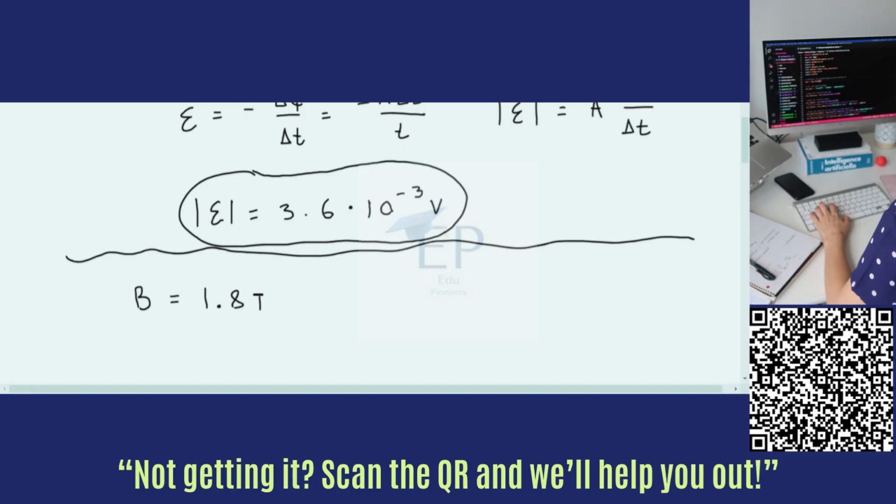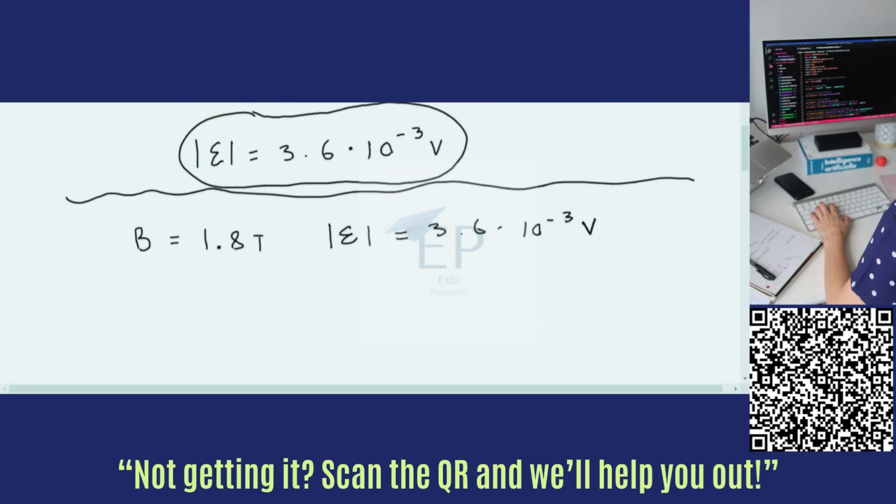So we want to shrink our area or increase our area in such a way that we end up with an EMF of magnitude 3.6 times 10 to the minus 3 volts. And we want to find at what rate we're going to have to do that. So we're looking for delta A over delta T.